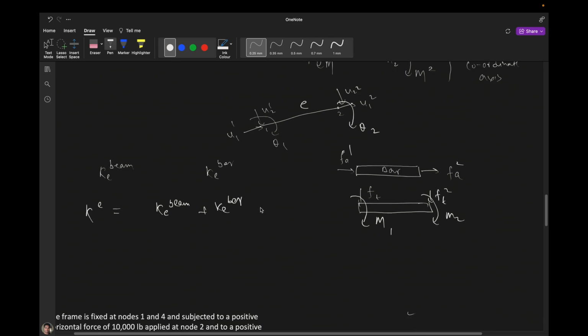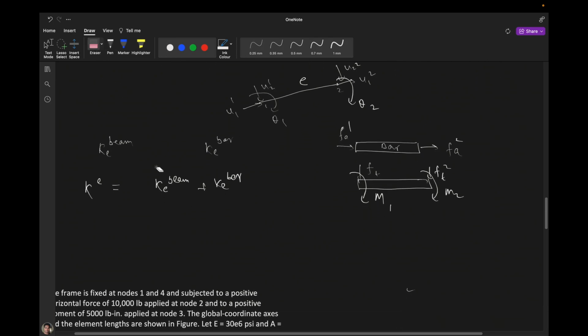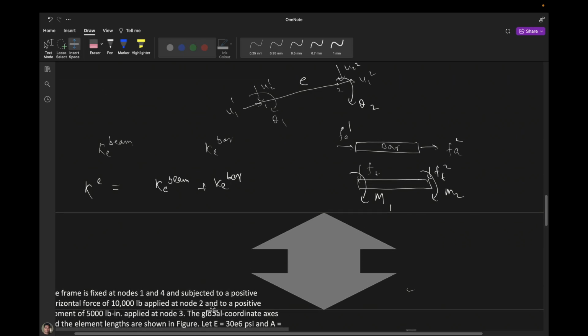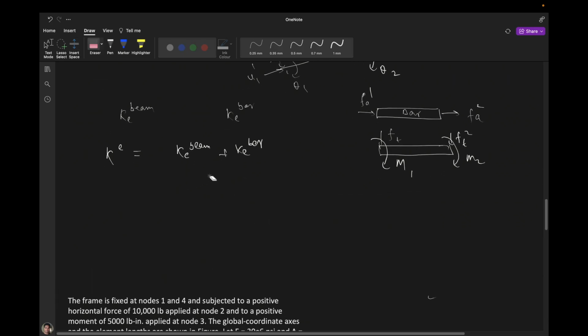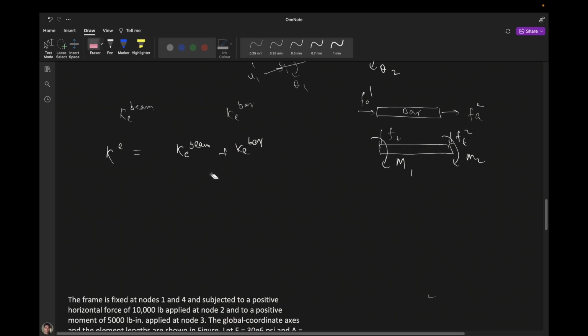But we need to take care of that. The dimension of the elemental stiffness matrix for a beam will be different, and if we treat that element as a bar, the dimension of ke bar will be different.